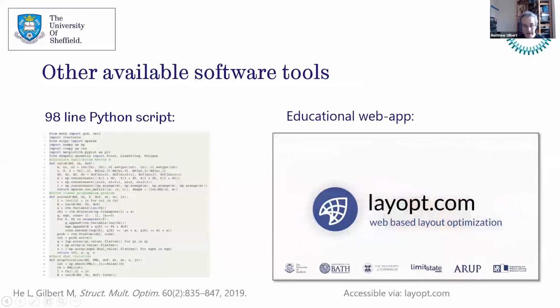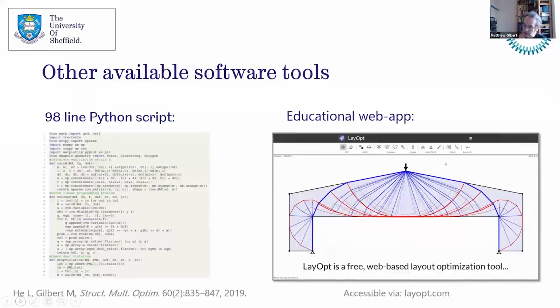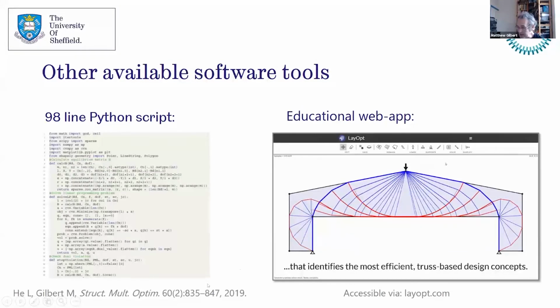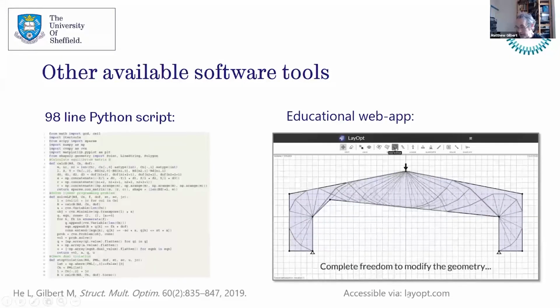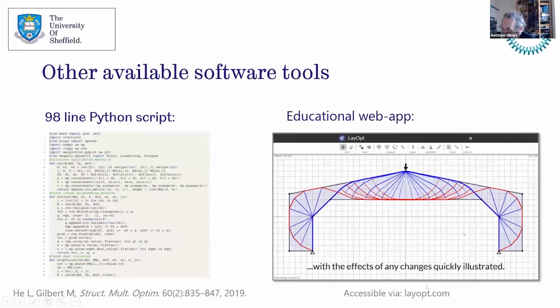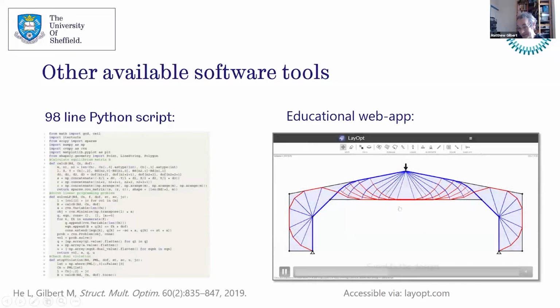And then finally, on this area of design, there are some other software tools available if you're interested. There's a Python script described in a paper that was out last year, and the most accessible is a web app. If you go to layout.com, not now because you'll get stuck there and not pay attention to the rest of the talk, but you can basically interactively design.